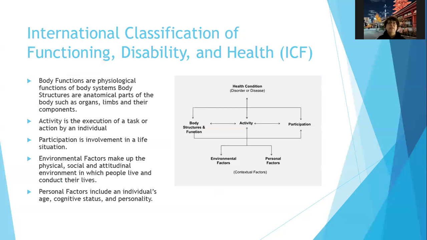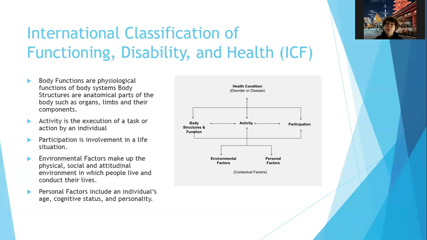So the International Classification of Functioning, Disability, and Health, which is also known as the ICF, in recent years, people realize that there are a lot of things, social determinants and controllable and uncontrollable risk factors, and other things that contribute to our state of health.